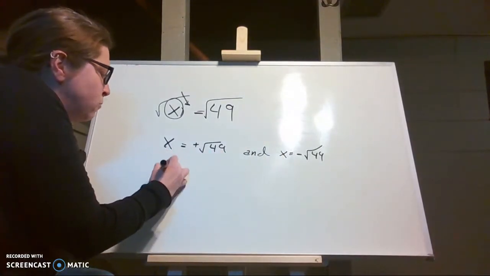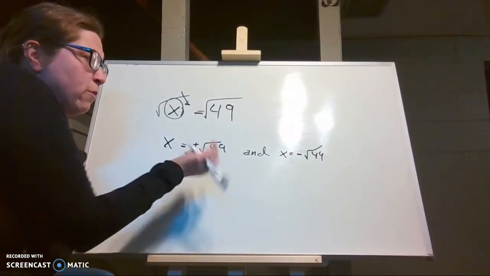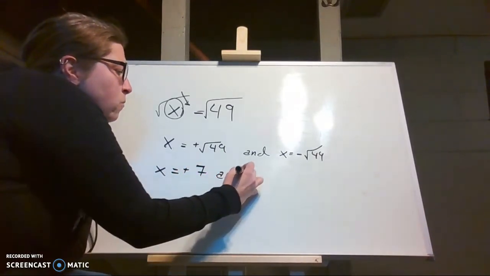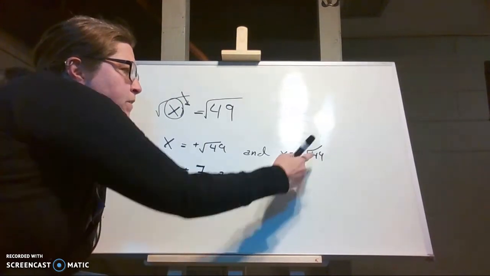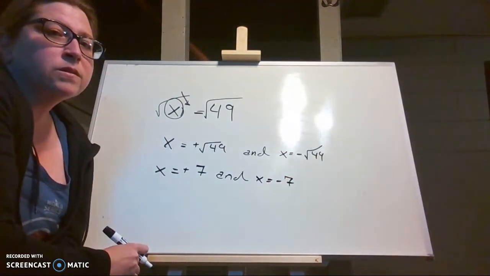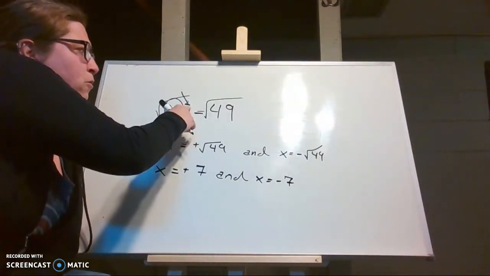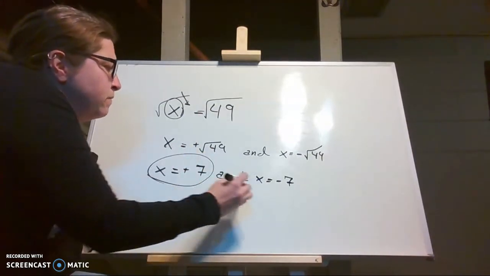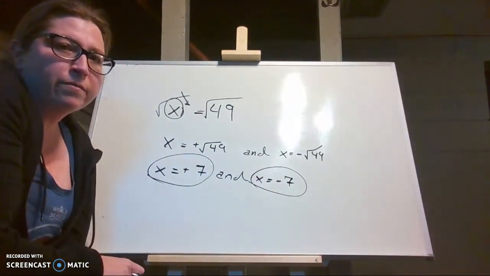So if I think about this, well, what's the positive number of the square root of 49? Well, 7. And then what is the negative of the square root of 49? 7 as well. So anytime we're working with these quadratic equations, we can have up to 2 answers. One is the positive, one is the negative.